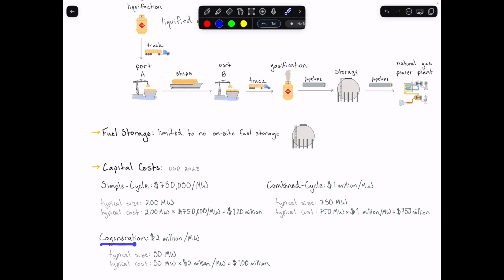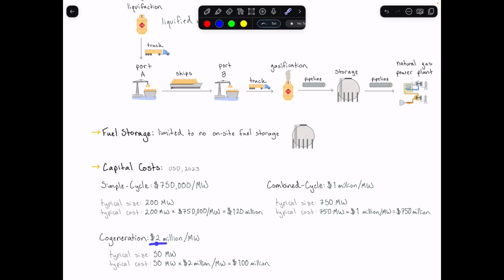Now, cogeneration plants are typically built out at industrial facilities, and they are dictated by the amount of steam or heat that is needed for the industrial process. So they tend to be smaller than simple cycle and combined cycle power plants at about 50 megawatts. But it's quite expensive to have to either retrofit or design these industrial buildings to be able to use that steam from the cogeneration plant.